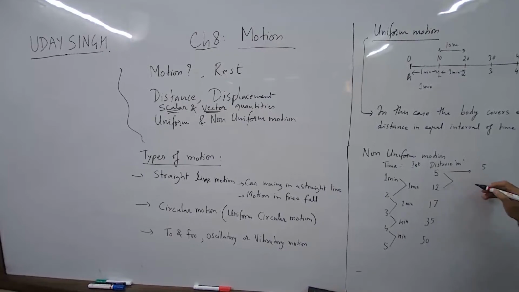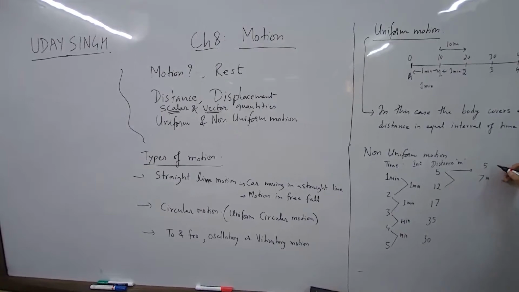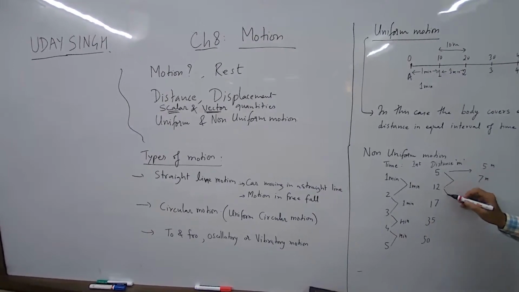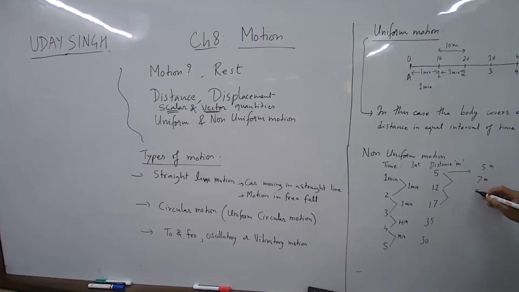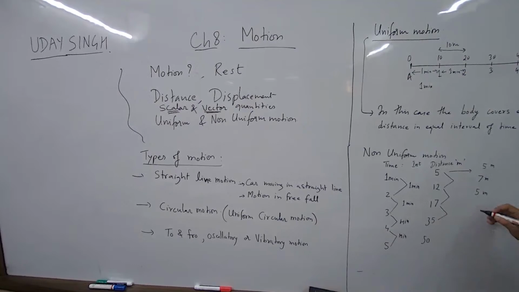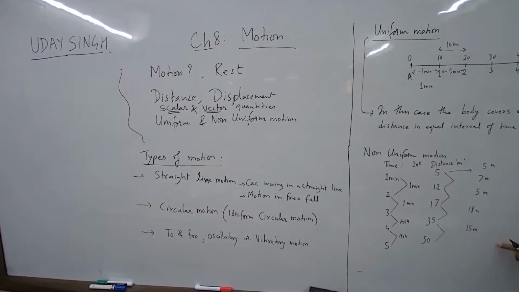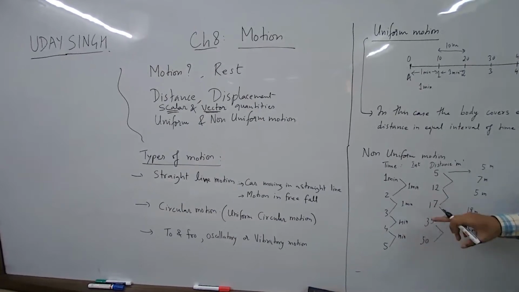Next minute, what is it? 12 minus 5 is 7 meters. What about this? 5 meters. What about this? 18 meters. What about this? Is it 15?